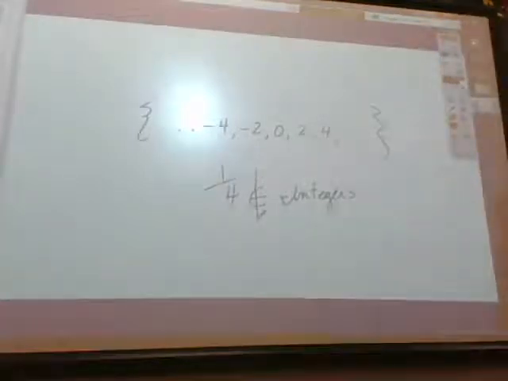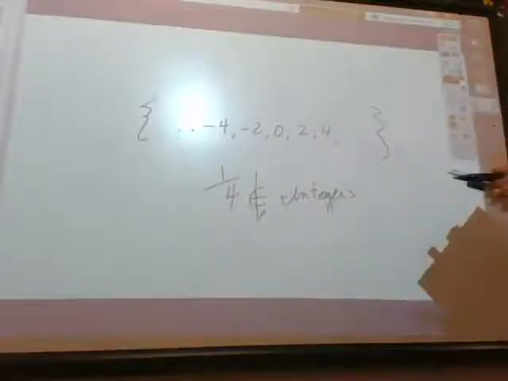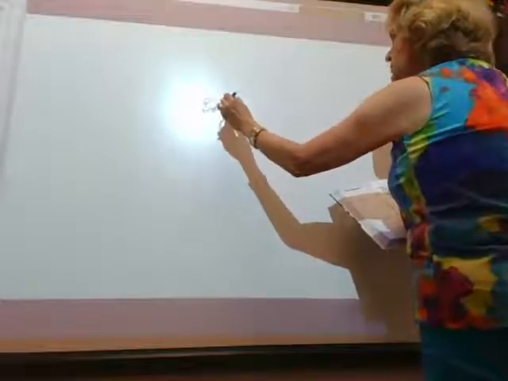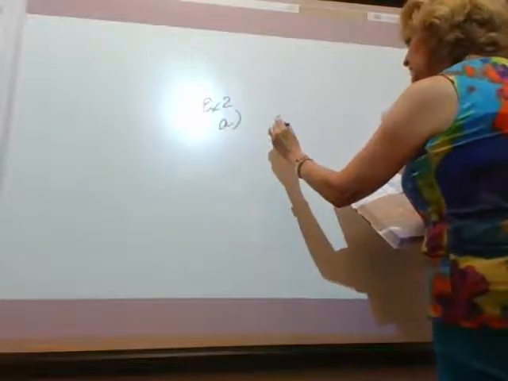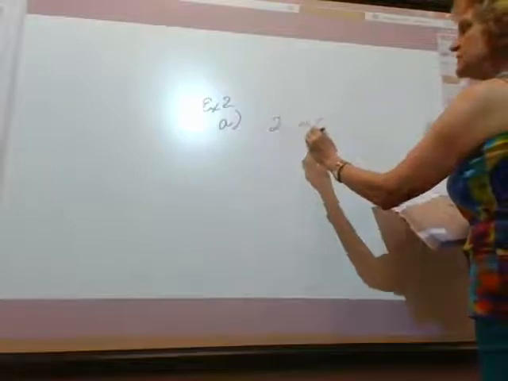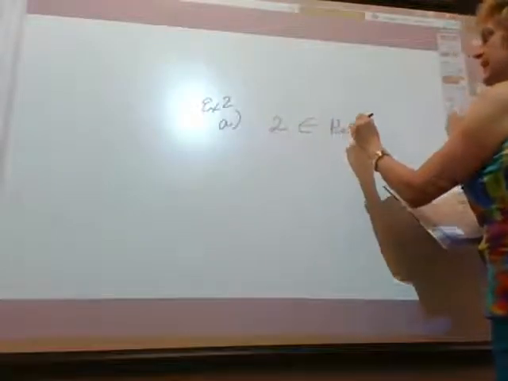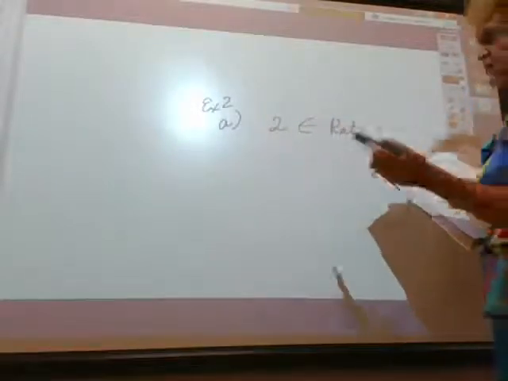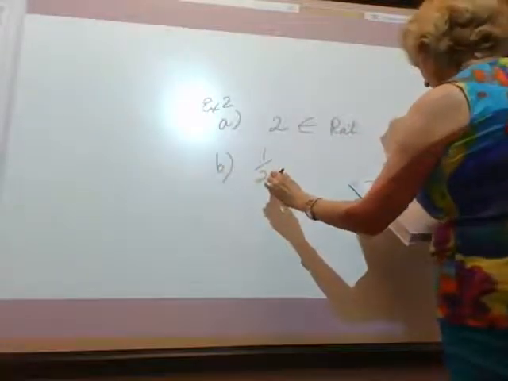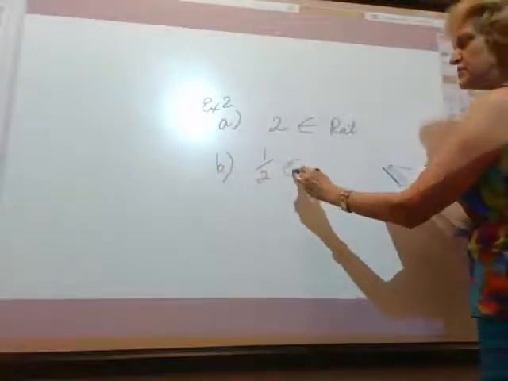Then on example 2, it says, use set notation to indicate whether each number is an element of the set of rationals. I'm on example 2, part A. The number 2, is that a member of the rationals? Yes. You might want to shorthand it, rat's fine. For B, 1/2, is that a member of the rationals?